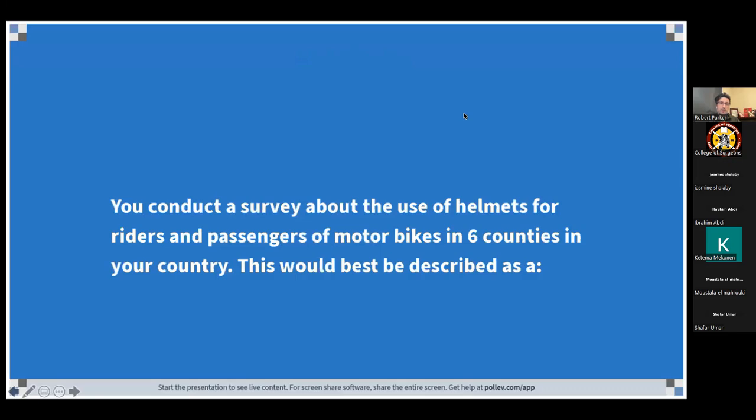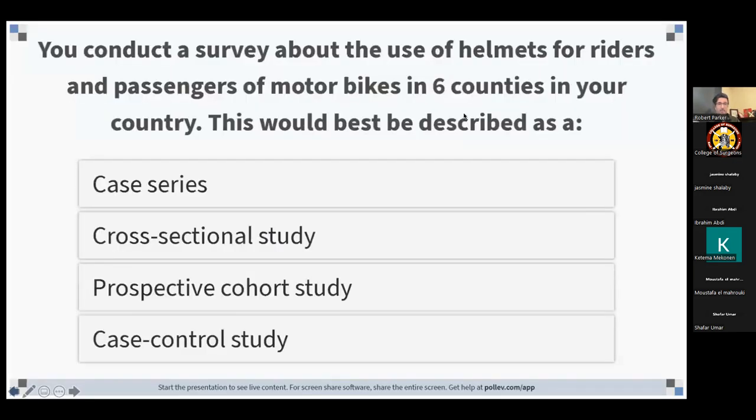All right. Next up, you conduct a survey about the use of helmets for riders and passengers of motorbikes in 6 counties in your country. This would best be described as a case series, a cross-sectional study, a prospective cohort study, or a case control study.